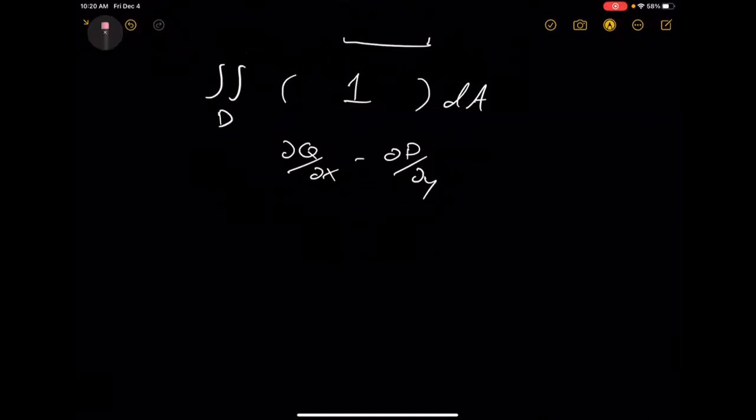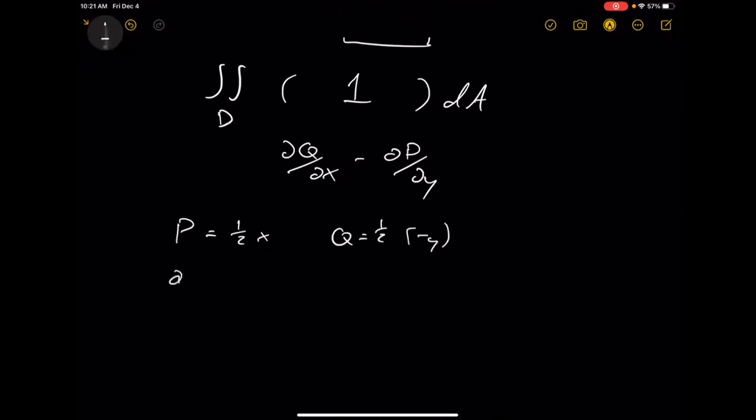There's a bunch of ways you could do this. What does the textbook say? What ones do they use? They're going to say P is negative y and Q is x, and actually what they're going to do is 1/2 of each: P is negative 1/2 y, and Q is 1/2 x.